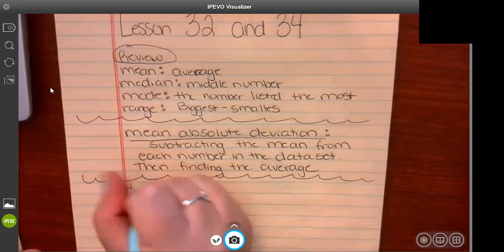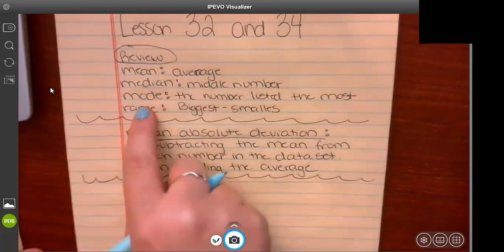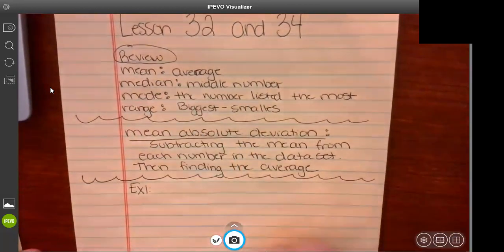So for our first example, we're going to find the mean, the median, the mode, the range, and the mean absolute deviation.